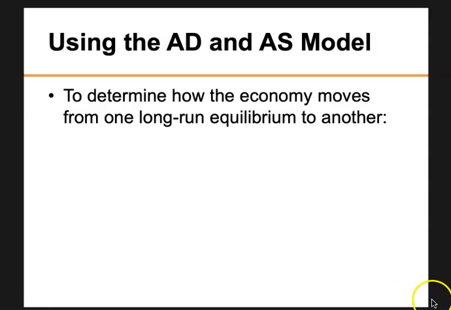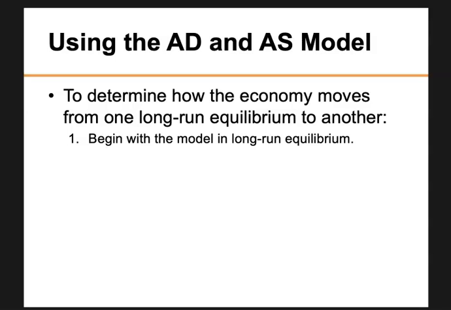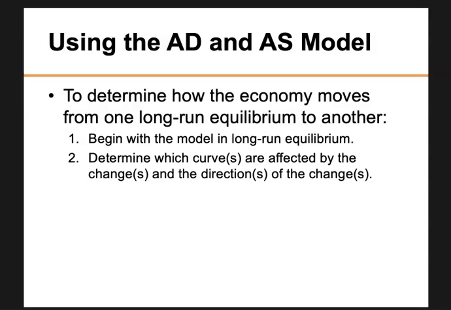Now, we are going to use this aggregate demand, aggregate supply model to answer the question of how the economy moves from one long-run equilibrium to another. Here are the steps. We begin with the model in the long-run equilibrium, and then determine the events we're going to look at.